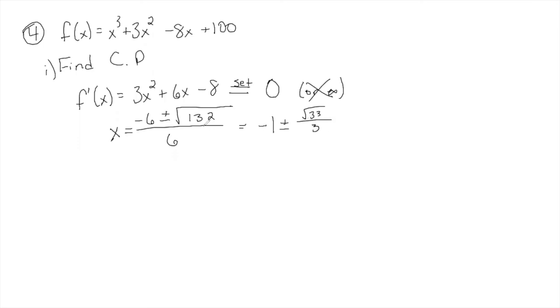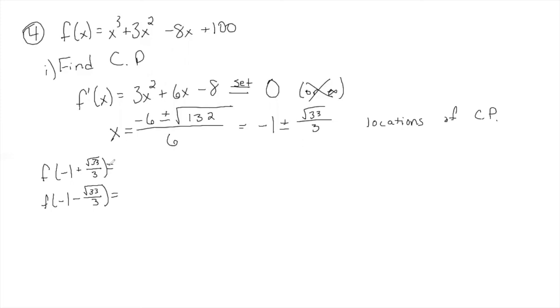Okay. So these are the locations of critical points. Remember that critical points are ordered pairs. So I need to actually find the critical points. What I mean by that is I need to find f of -1 plus square root of 33 over 3 and f of -1 minus square root of 33 over 3.